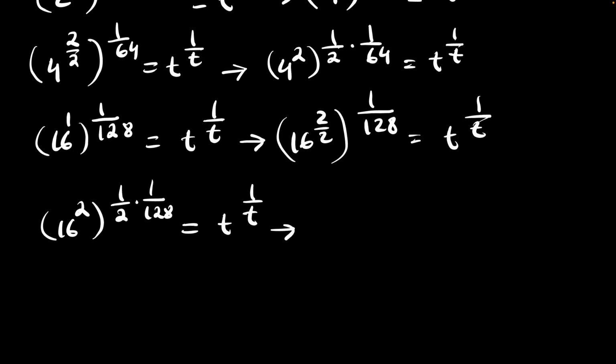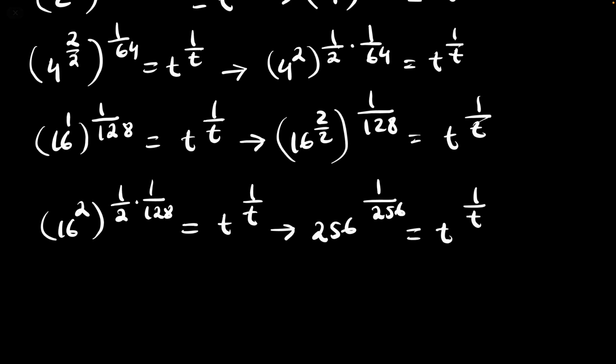Then, as you know, 16 times 16 is 256. So I'm gonna write 16 to the 2 is 256, and 1 times 1 is 1, and 2 times 128 is also 256, equal to t to the 1 over t here.